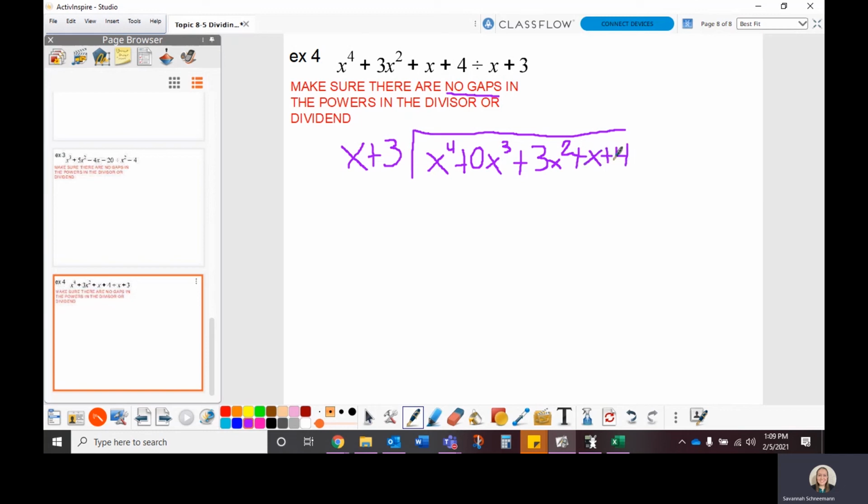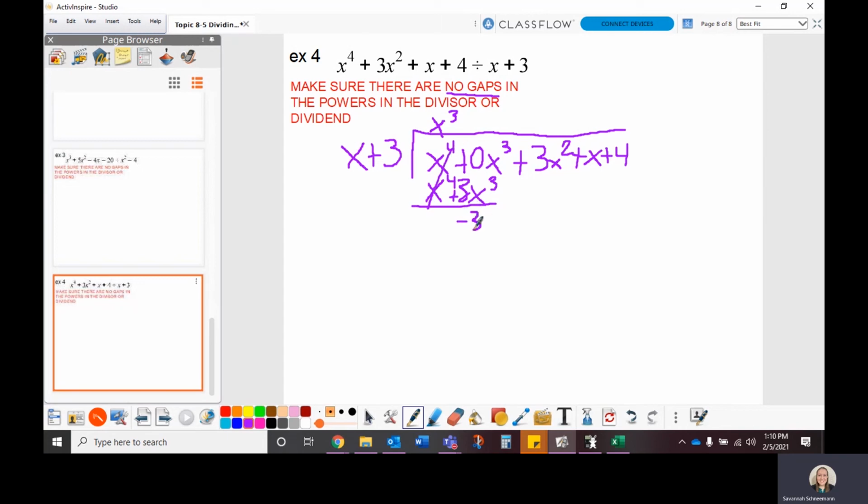All right. So looking, x will go into x to the 4th. X to the 3rd times, because x to the 3rd times x is x to the 4th, and then 3 times x cubed is 3x cubed times. And subtracting that, those cancel.